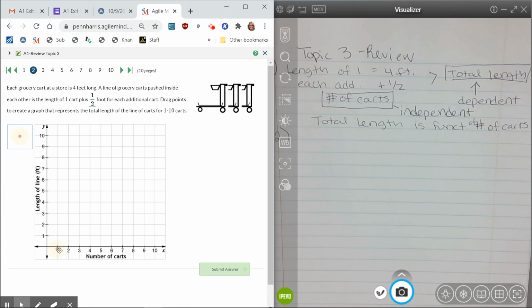So I'm going to take this. One cart, we said, was 4 feet long. An additional cart is going to be those 4 feet plus half a foot, which means the third cart would be another half a foot to make our line a total of 3 long. 4 carts, we're going up a half a foot each time here.